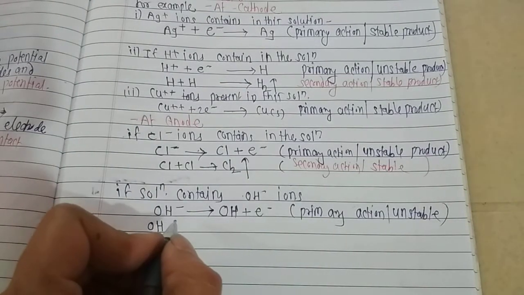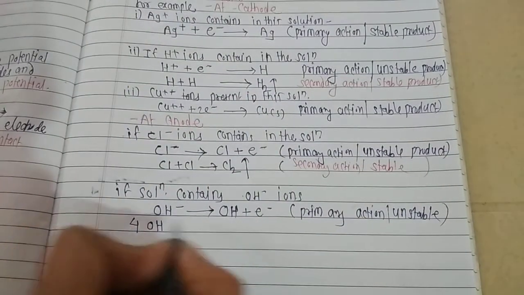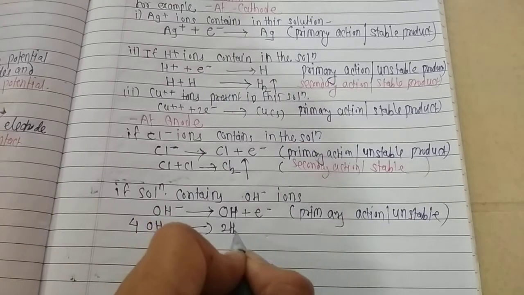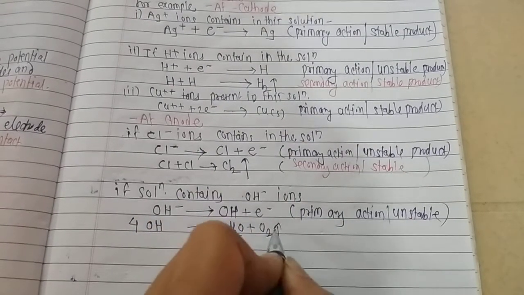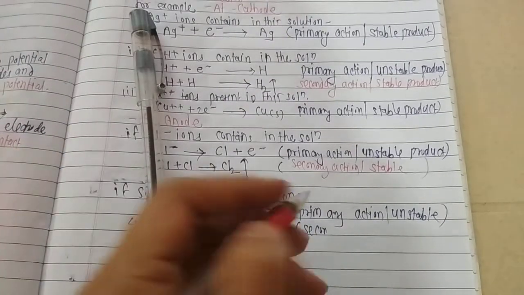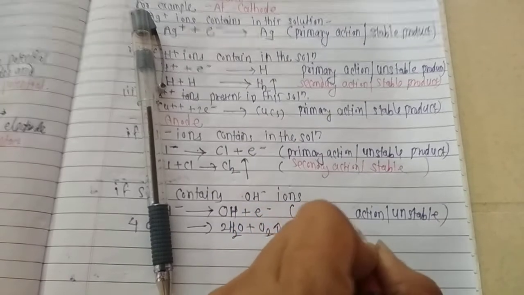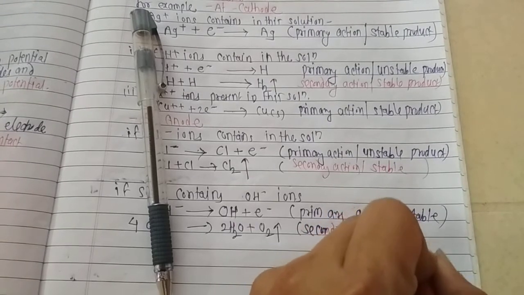And here, 4 OH groups combine together and form 2 H2O and O2 gas. So this is a secondary reaction, write it in this red pen, and both are stable products.